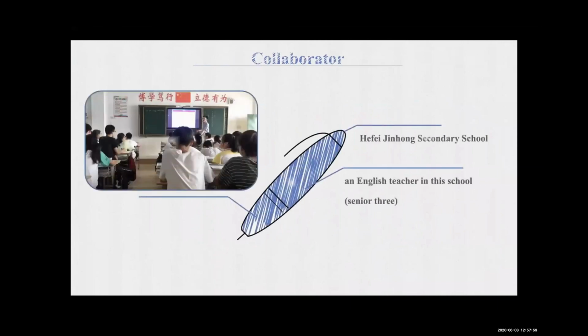Finally, we collaborate with one of our friends who works at Hefei Jinhong Secondary School as an English teacher to implement our project. Due to time and place limitations, we choose online course recordings as the teaching method. Meanwhile, we choose students of grade 3 in high school as our target audience in our friend clubs.